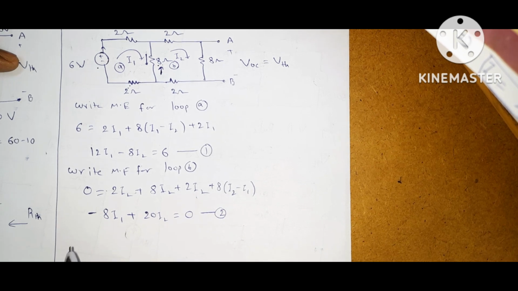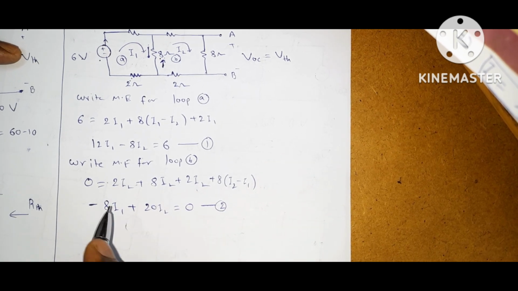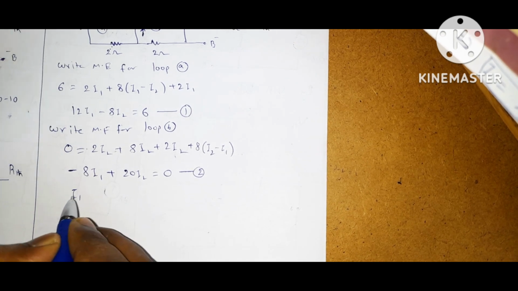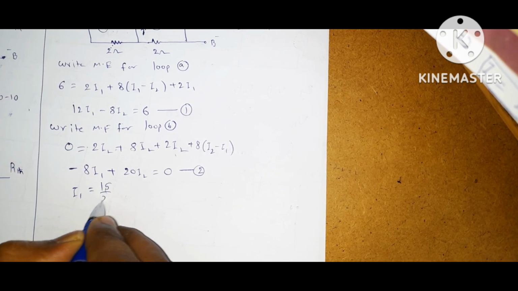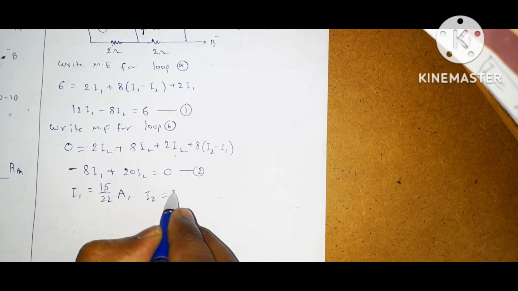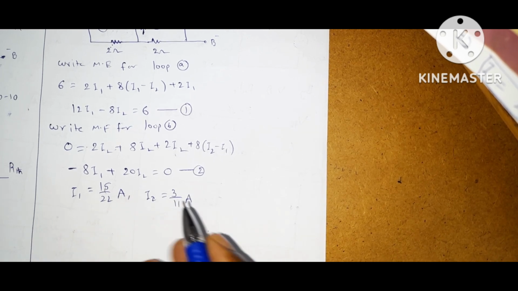Equation 2. If you solve these two equations, you will get I1 is equal to 15 by 22 amps and I2 is equal to 3 by 11 amps.